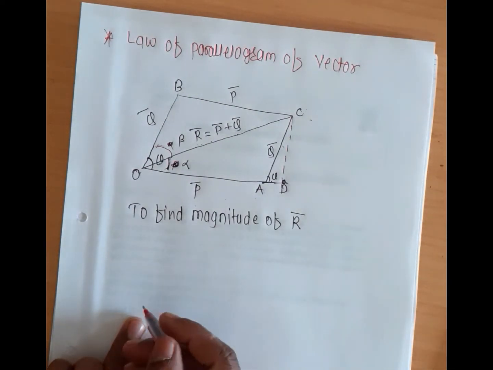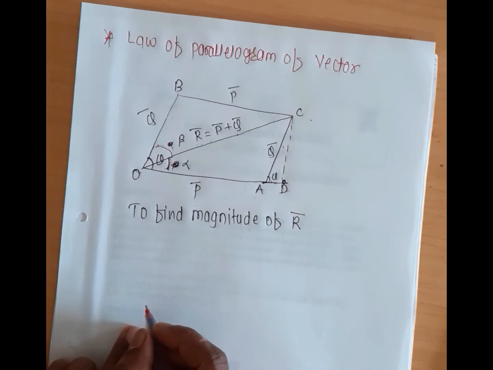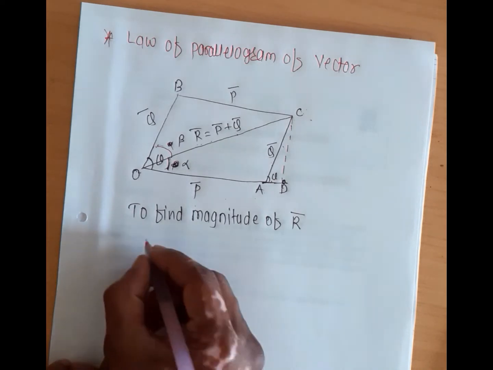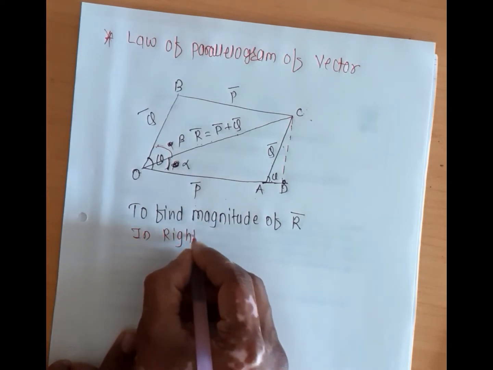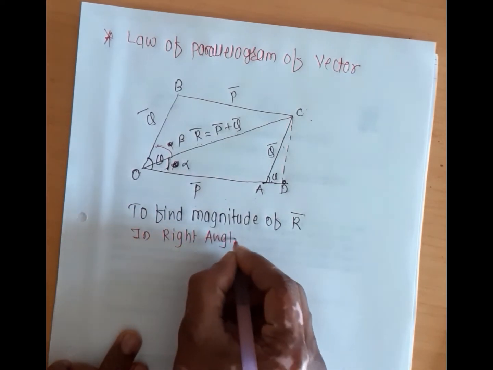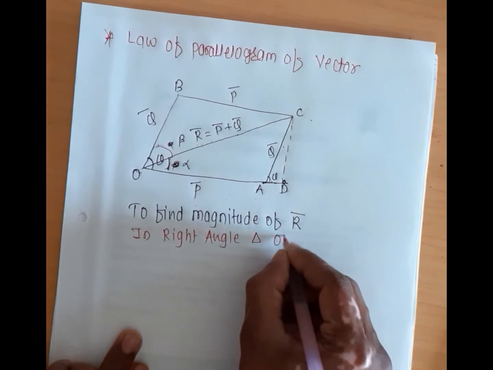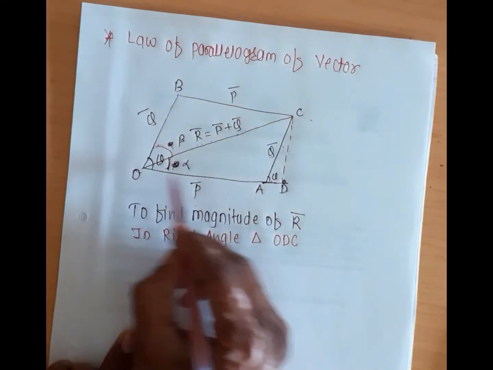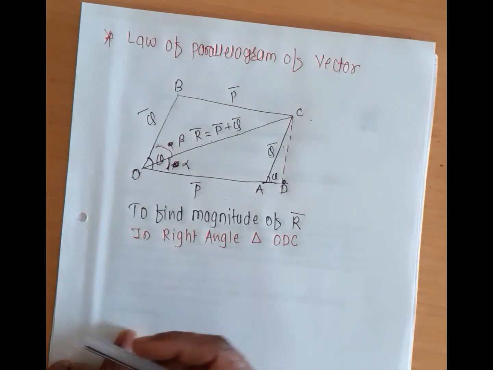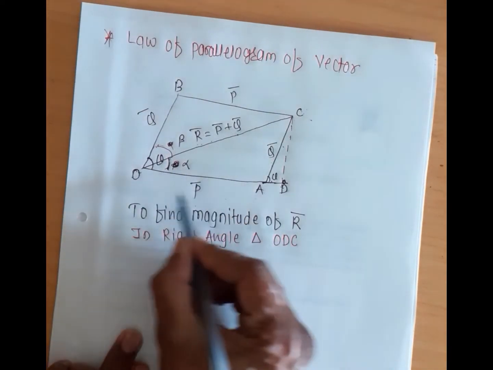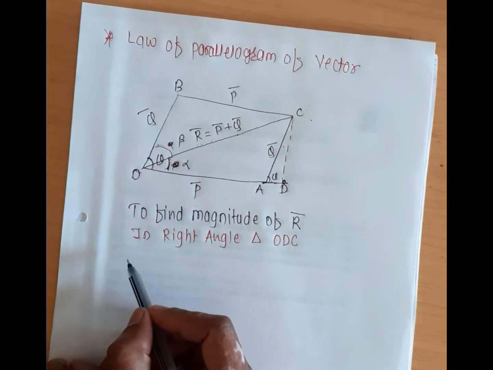See, one right angle triangle is ODC. In the right angle triangle ODC, according to this triangle we write, and the Pythagoras theorem is what?